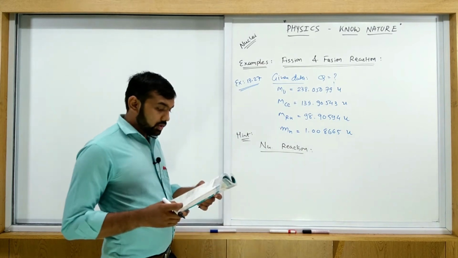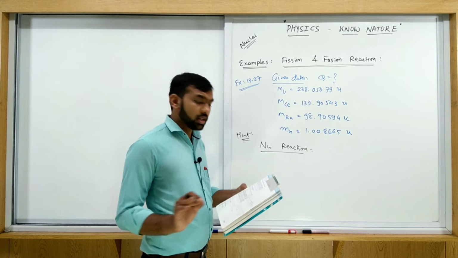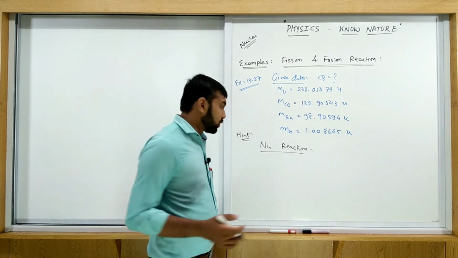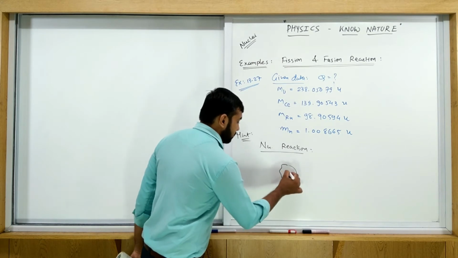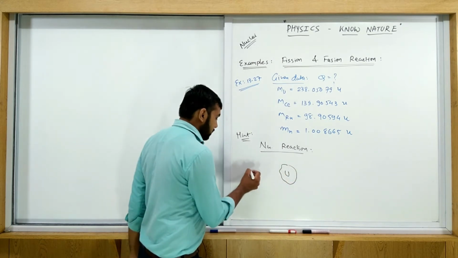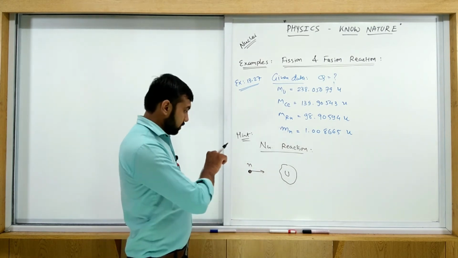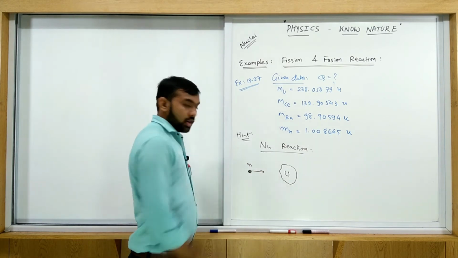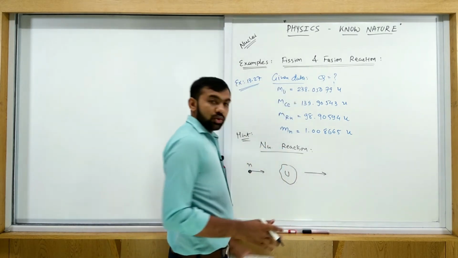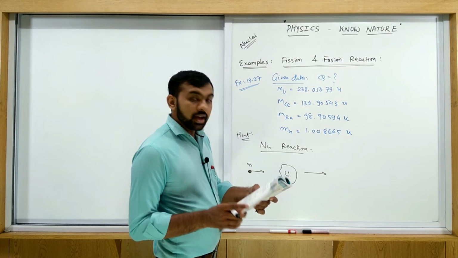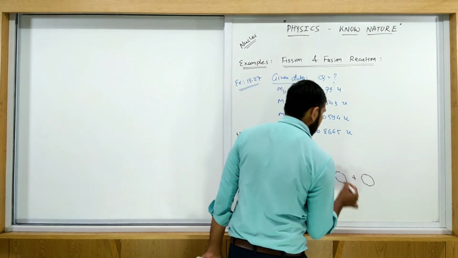This process is done with uranium 92U238 by a fast neutron. So let's consider this is the uranium, and this fast neutron just bombards the uranium like this. So this one is converted into the two fragments, Ce and Ru. That is the first fragment plus this one is the second fragment.